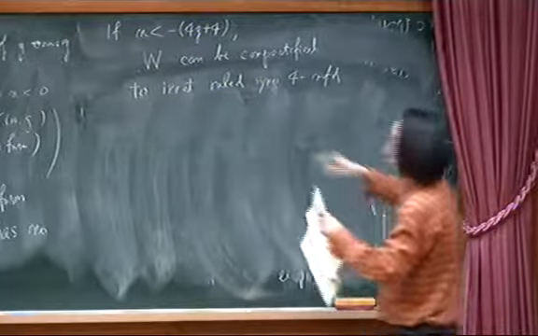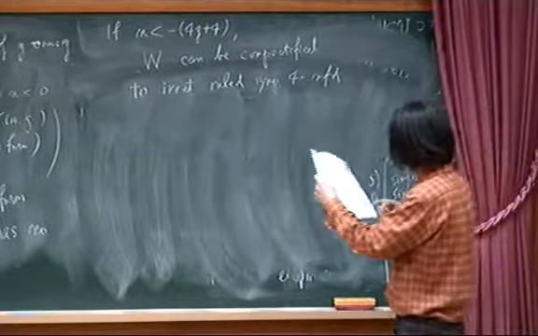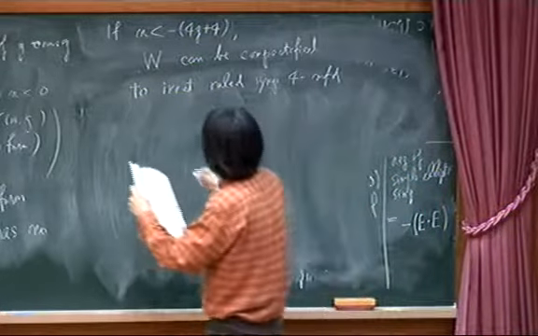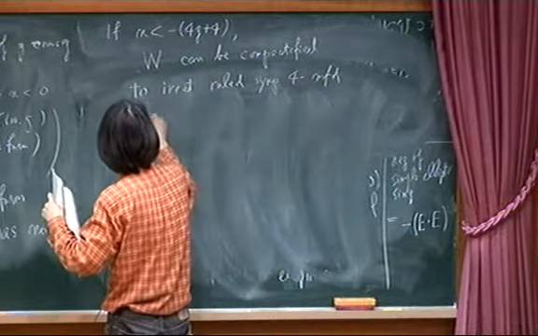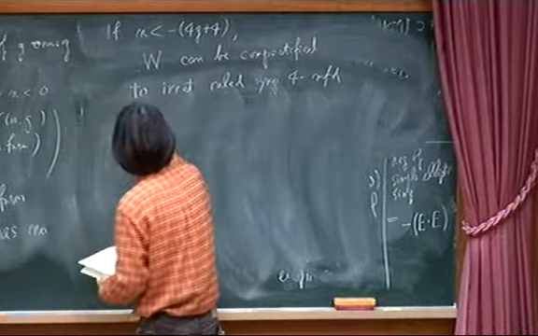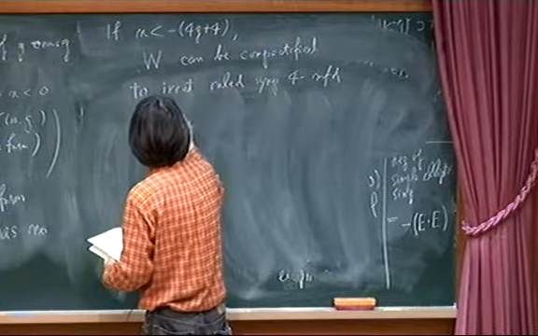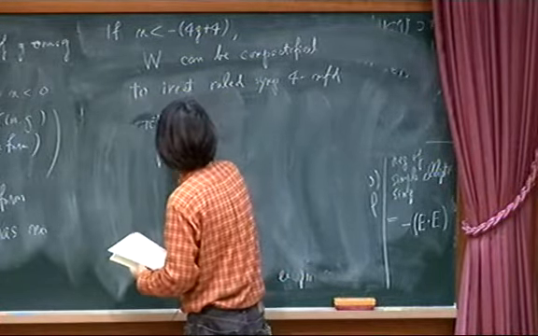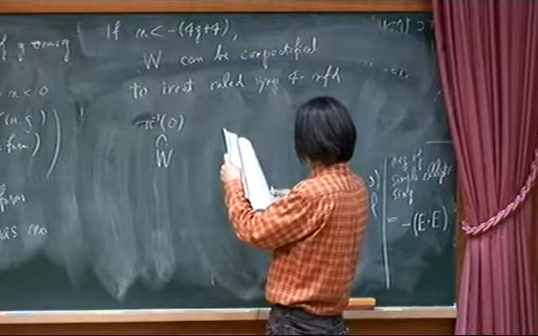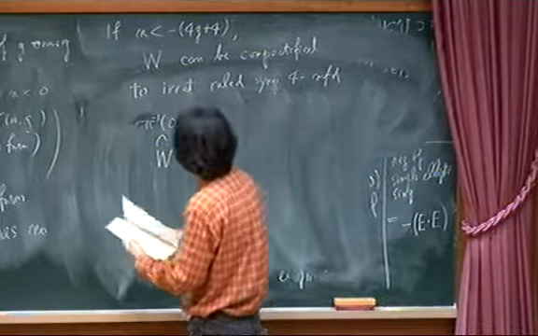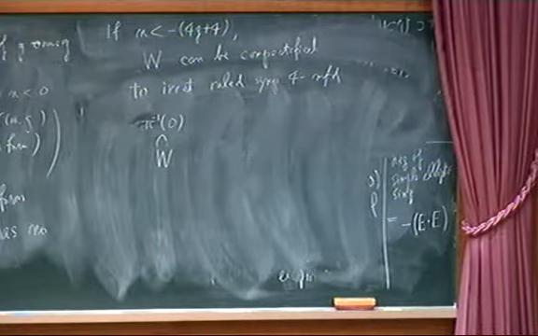This is just the analog of a ruled surface in algebraic geometry, and the thing pi inverse of 0 inside of W is mapped to the 0 section. It is a section of this.